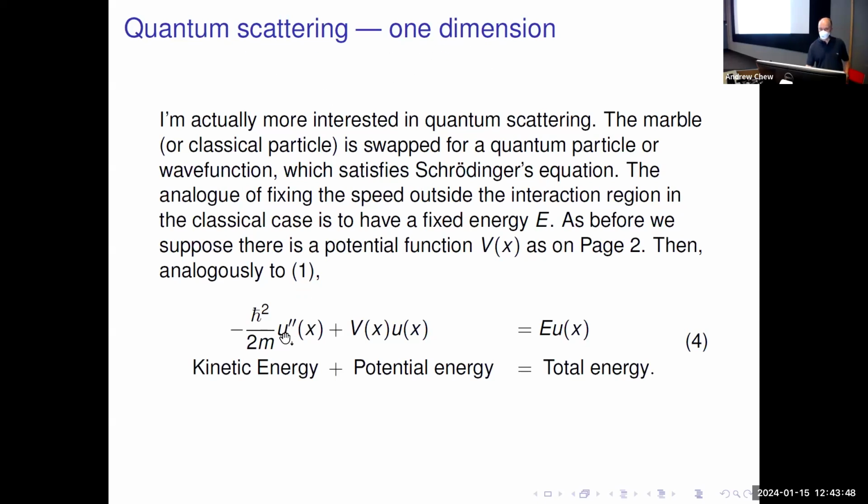This u is a function of a one-dimensional parameter x, and this kinetic energy term involves the second derivative of u. The potential energy term is now V of x times u of x. And this should be the total energy, which is E times u of x. So this is a case where we have a quantum particle of a definite energy E. That's the equation, Schrodinger's equation.